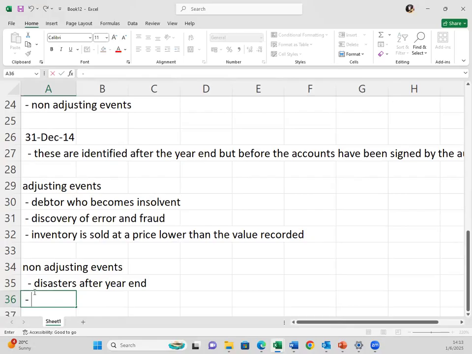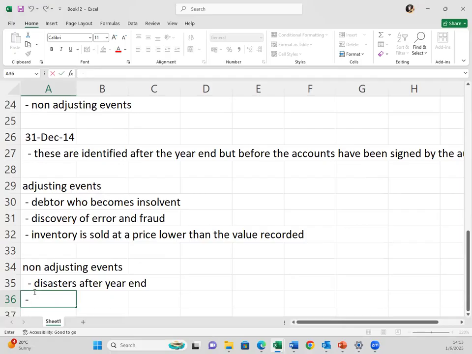That one is not an adjusting event. So disasters after the year end, or generally other transactions occurring after the year end. If we make sales after the year end, it's not an adjusting event.